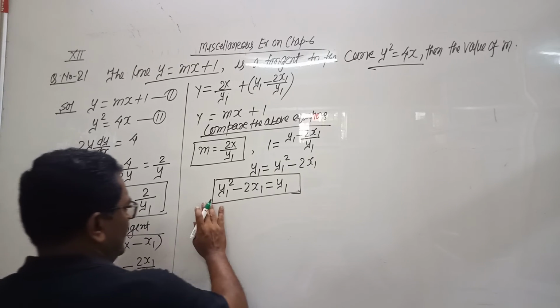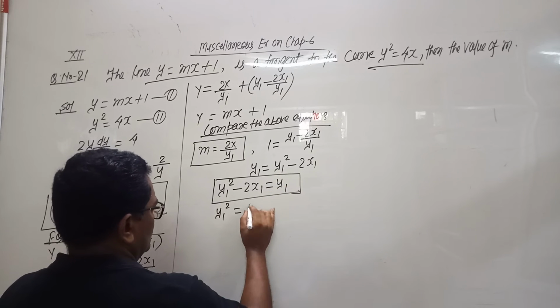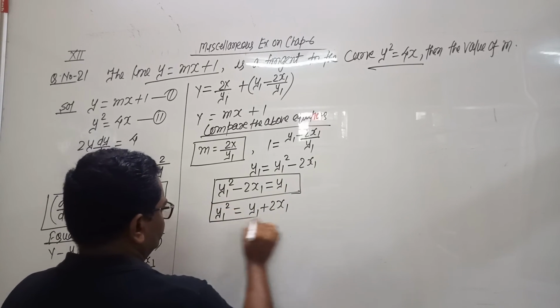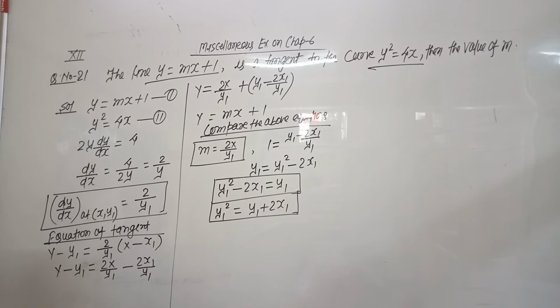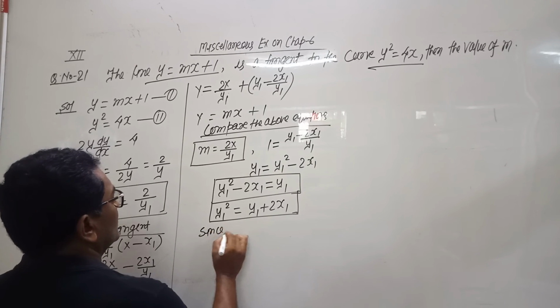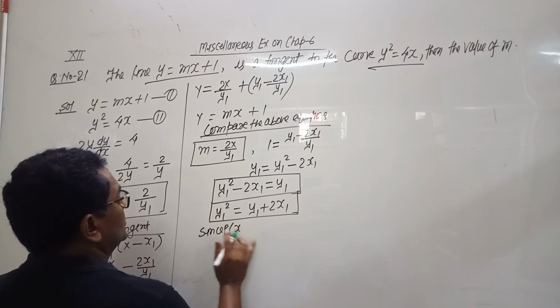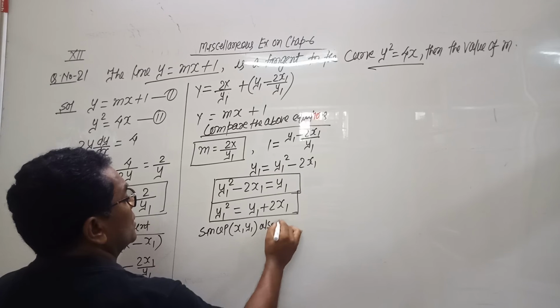We can also write in this way, y1 square equals y1 plus 2x1, since the point (x1, y1) also lies on the curve.